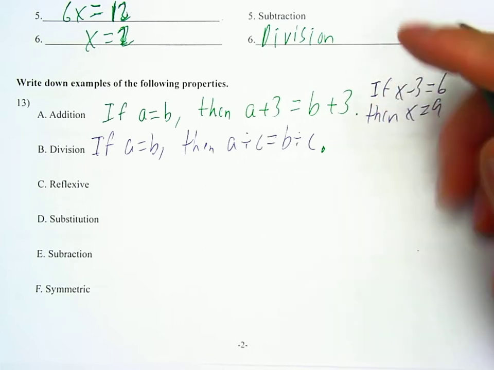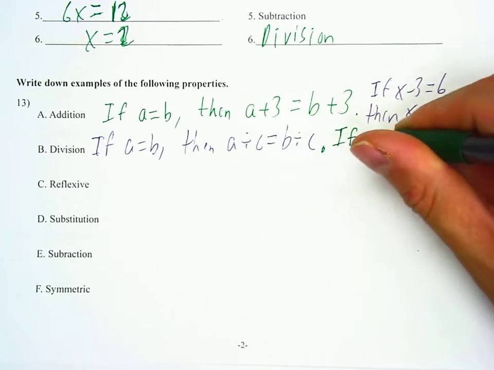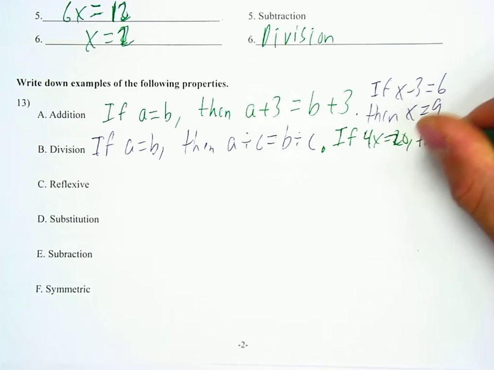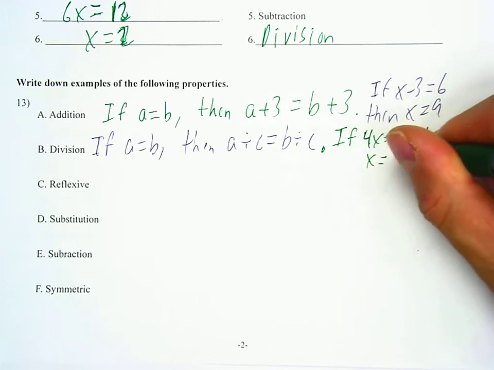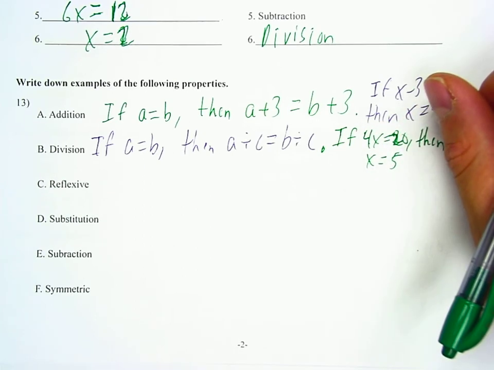I'm going to have some sort of property. So it's going to be something to the effect of if 4x equals 20, comma, then x is equal to 5. And how did I get the 5? I had to divide both sides by 4 to get the 5.